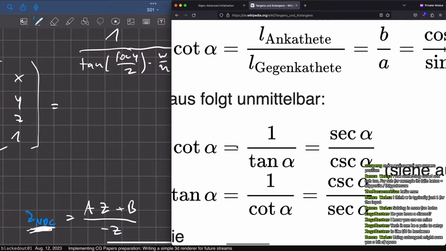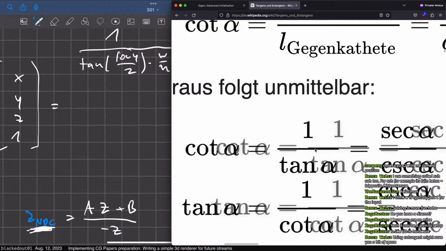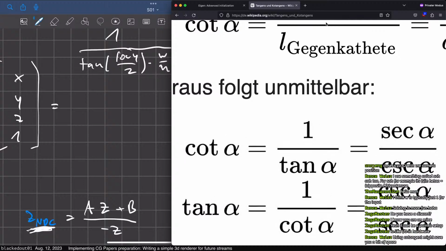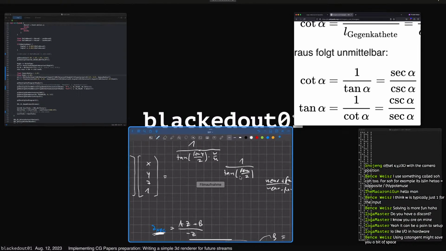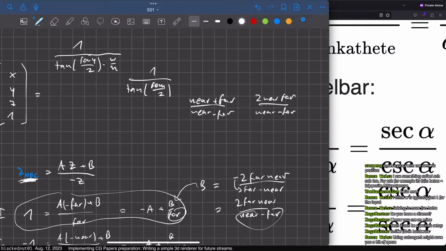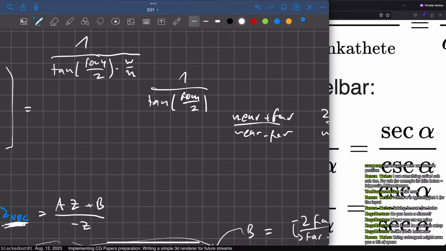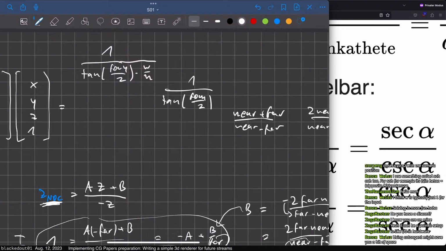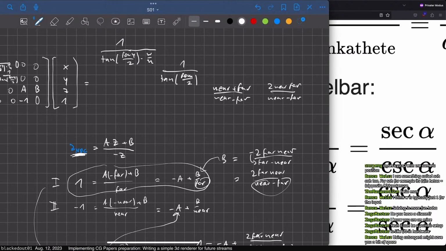Well, but this is the only important thing. So yeah, you might be right. Okay. But I already wrote this down now. But thanks for the tip.